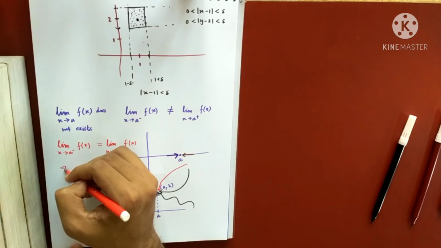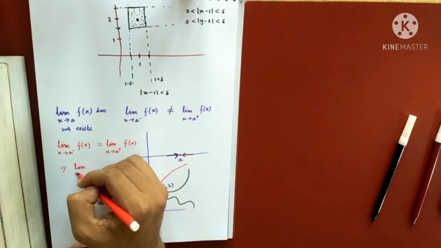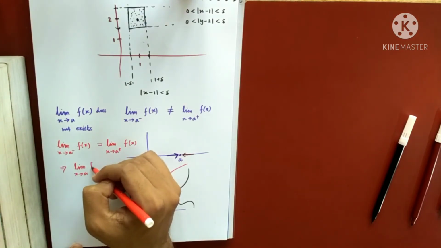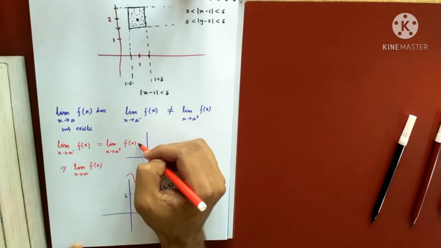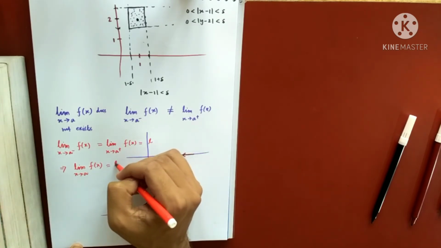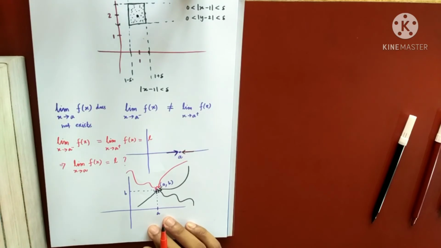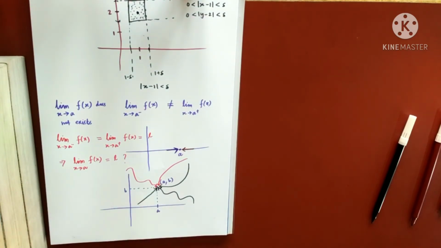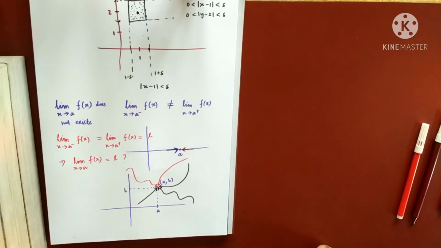Suppose their value is L. Then can I write that the limit as x tends to a of f(x) is L? Yes or no? Be very quick. Yes, the answer is yes. Very good. We have done this.